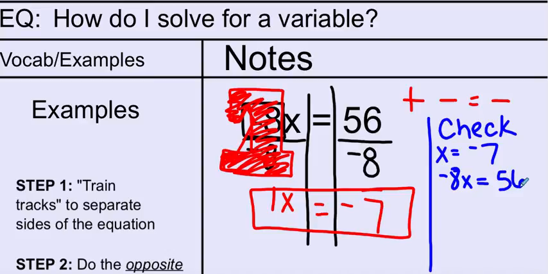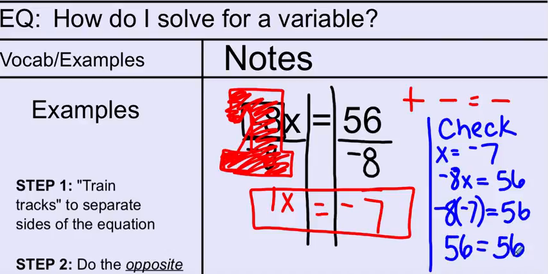I'm going to take that -7 for x and plug it in, and then I'm going to solve. Does -7 times -8 equal 56? Yes, it does. 56 equals 56. So this checks out and I got the right answer.